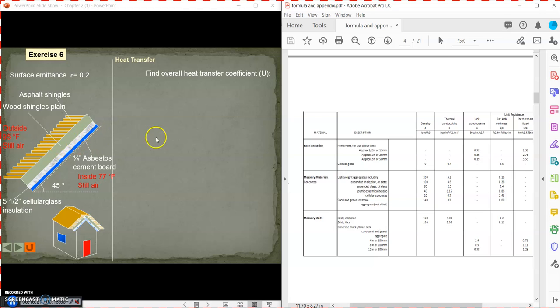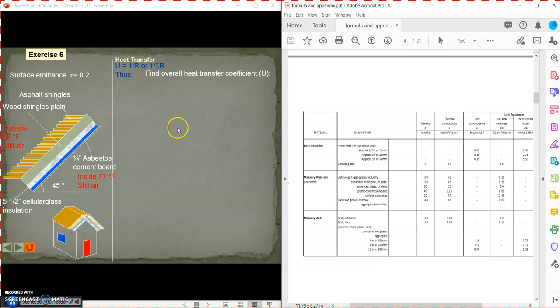There are several layers here: asphalt shingle, then the wood shingle plane, and the outside is 95°F, which is still air. Then we have 5.5 inch cellular glass insulation, and also the 1/4 inch asbestos cement board, and then the inside there is still air here.